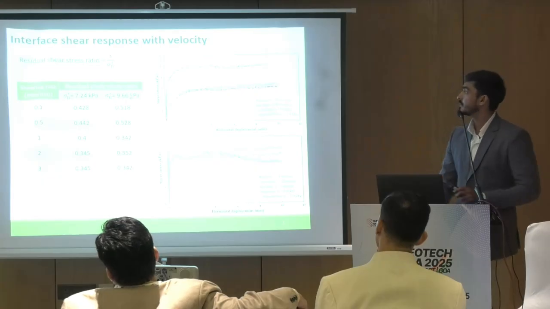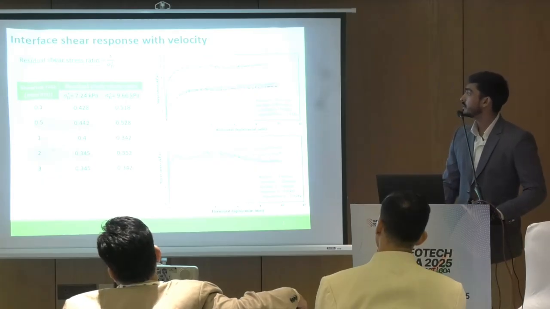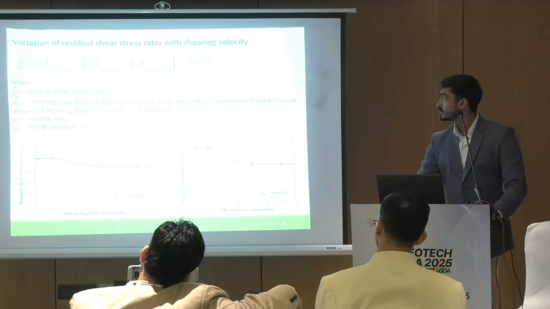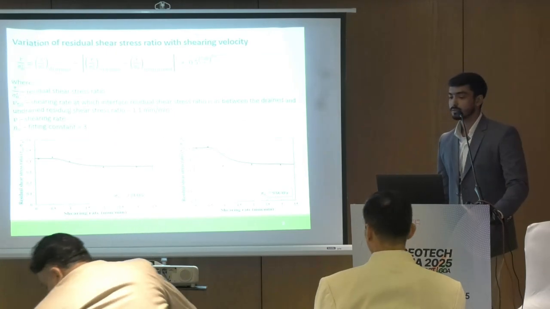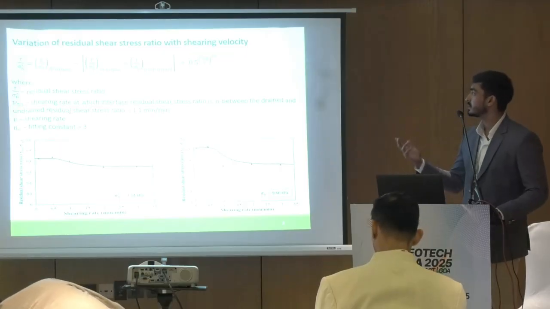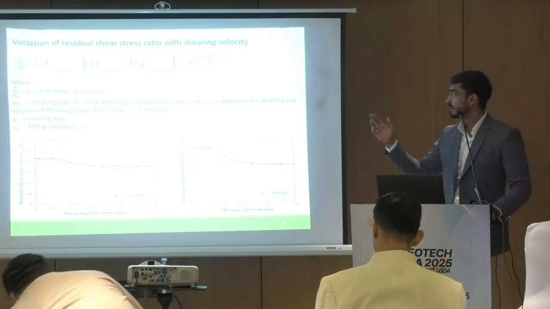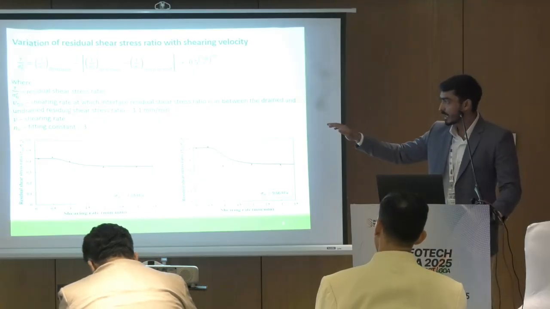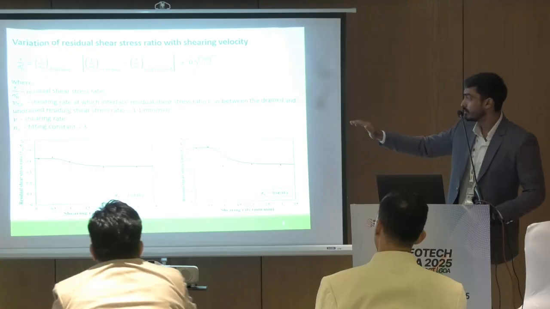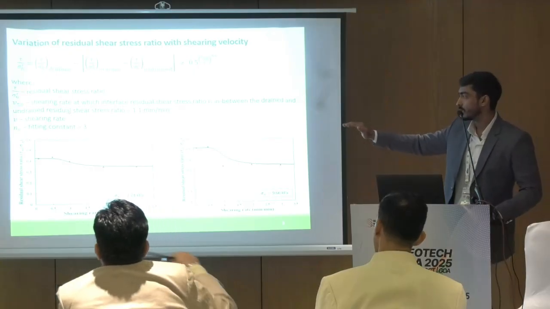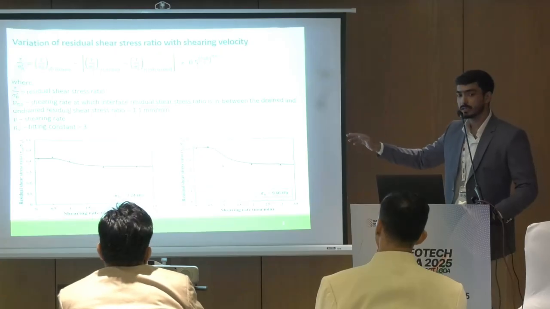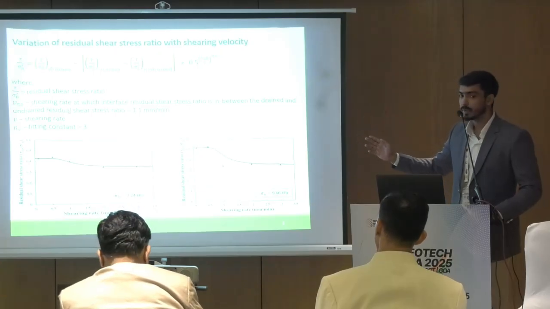So the residual shear stress ratio is coming like that. We used the residual shear stress ratio to fit in an equation which is a backbone curve. The upper part of the backbone curve will show the drained behavior and the lower part of the curve will show the undrained behavior, and in between transition we can represent as a partially drained behavior.